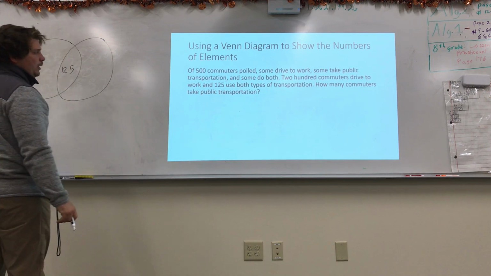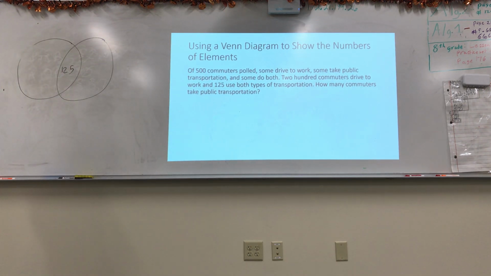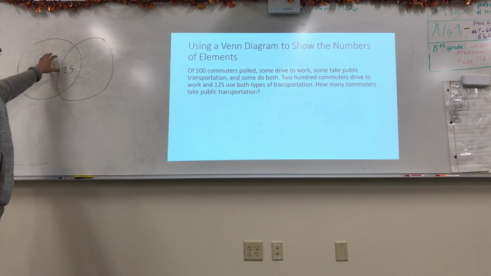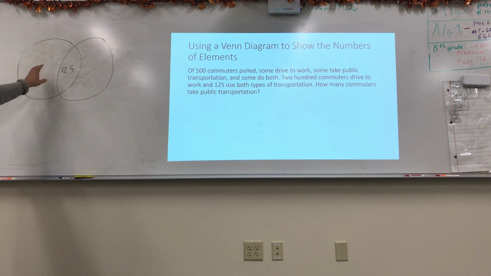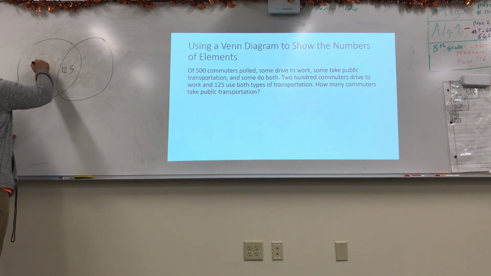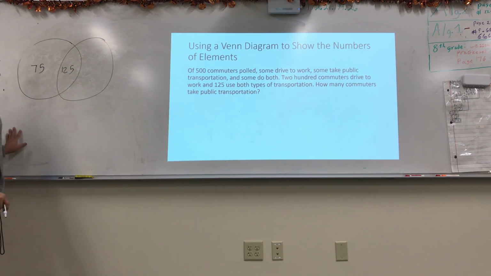They drive to work or take public transportation. Okay, it says 200 commute to work. Well, if they do both, they're still considered in this circle. So what's in this circle cannot be over 200. So then we take 200 minus 125 and find out just 75 drive themselves.